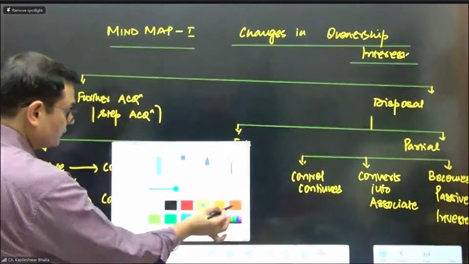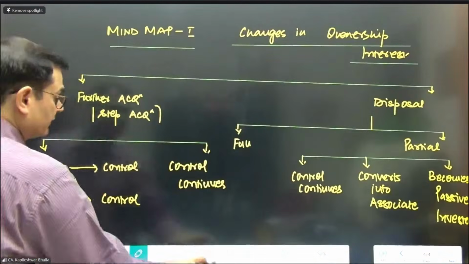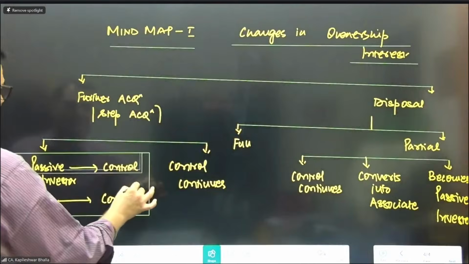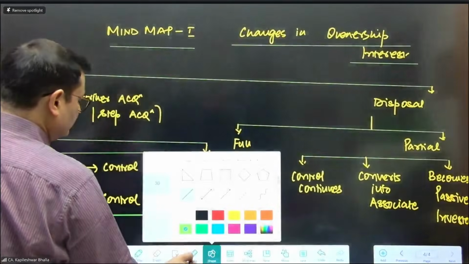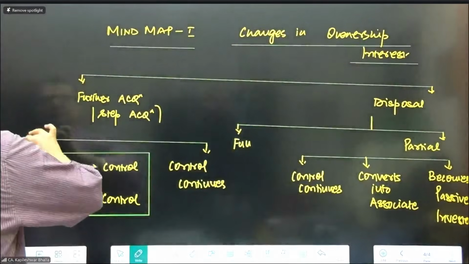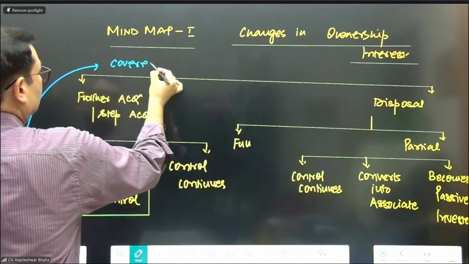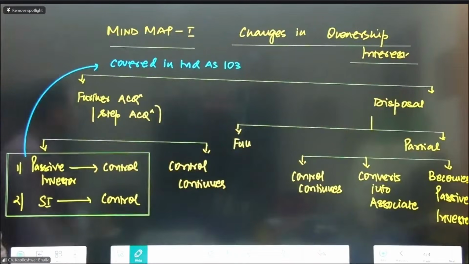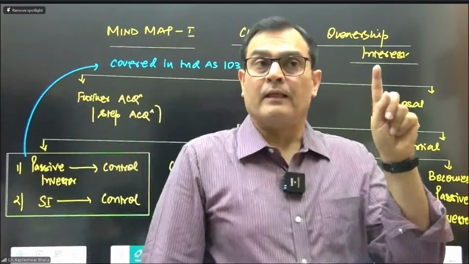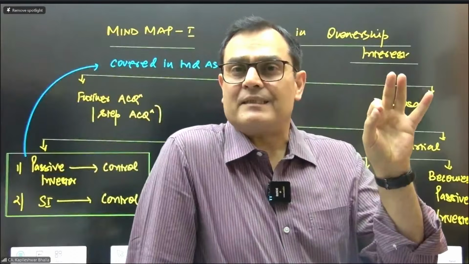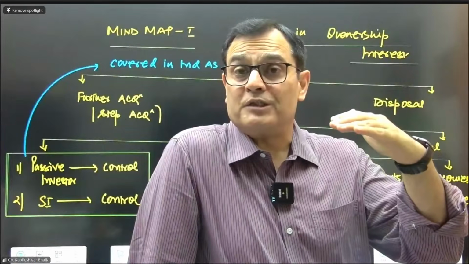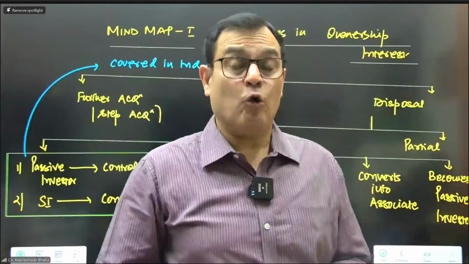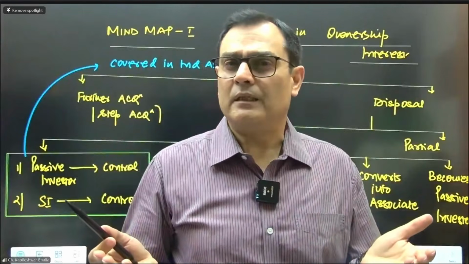Now, let's first map this. If you look at passive to control or significant influence to control, you would easily recall that this was covered in Index 103 when we were discussing the concept of a business combination. Just to connect the dots once again: once it is a conversion of a passive investment to control, the book value of the investment is compared to the fair value, and depending on whether you were accounting it under FVTPL or FVTOCI, you take the gain or loss in P&L or OCI.